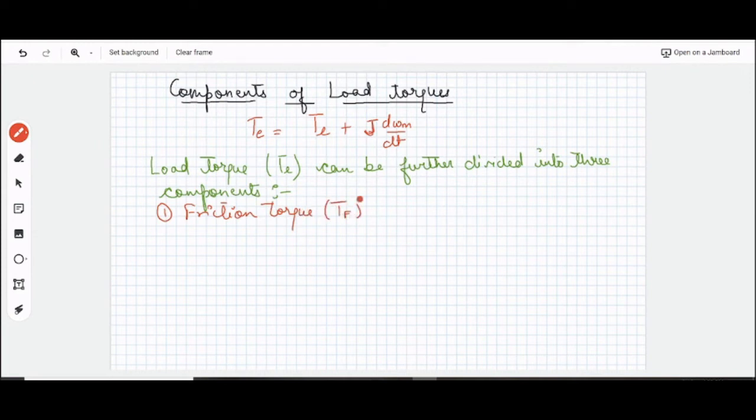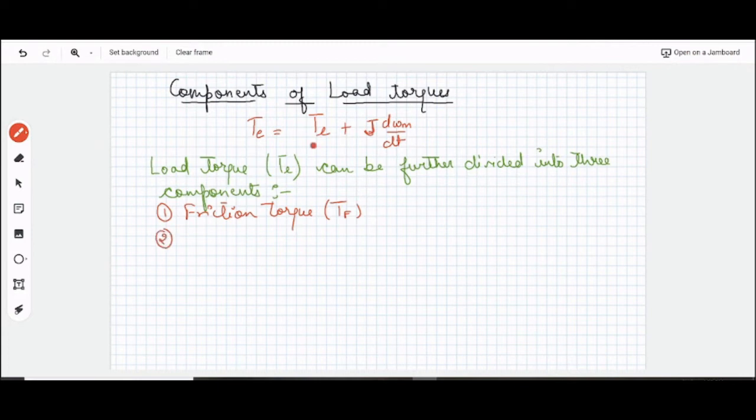It may be denoted as T_F, capital T, capital F, right? We know that friction is present at the motor shaft and also in the various moving parts of the loads, right? Yes sir. So T_F is the equivalent friction torque at the shaft, referred to the motor shaft.